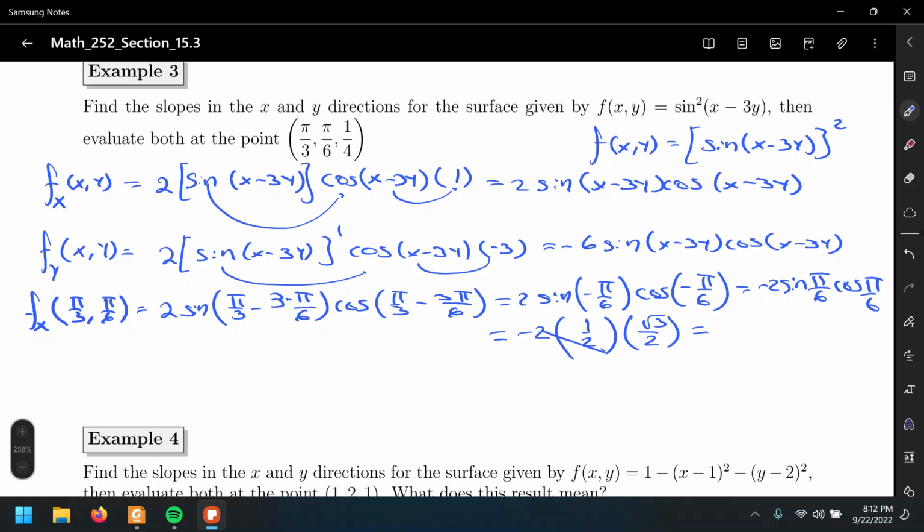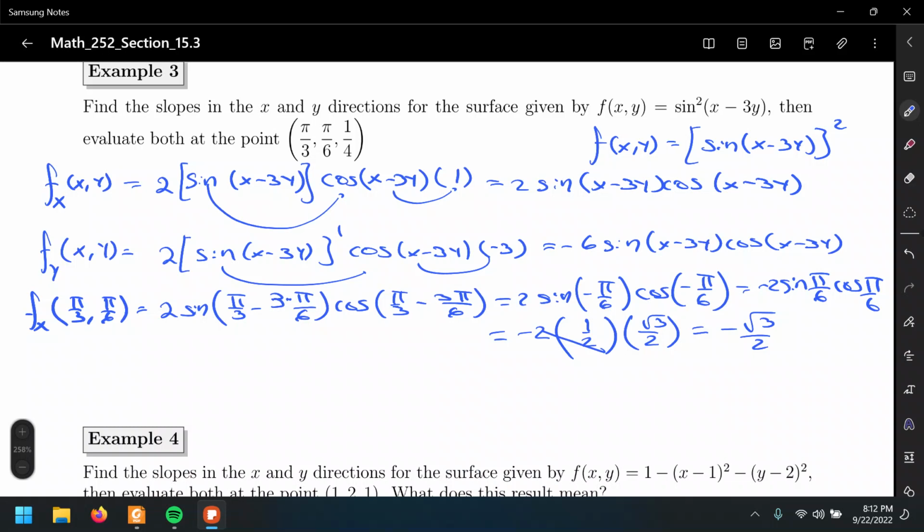And so that cancels: negative root of 3 over 2. So that's the slope in the x direction for the surface given by the function f of xy, or z equals sine squared of x minus 3y.